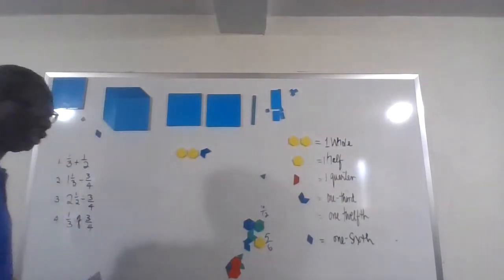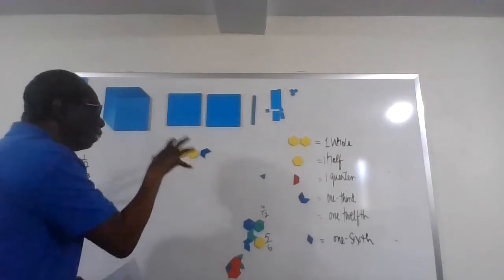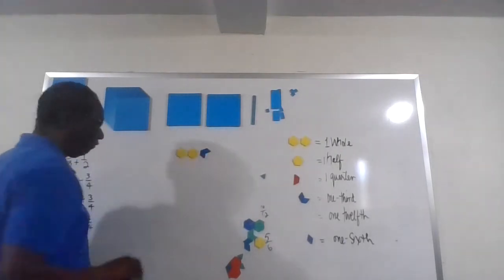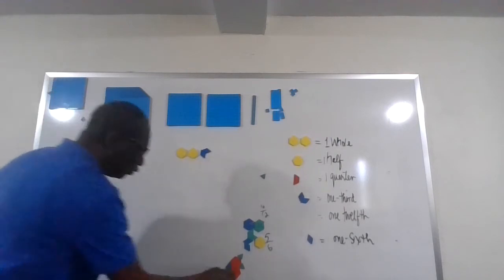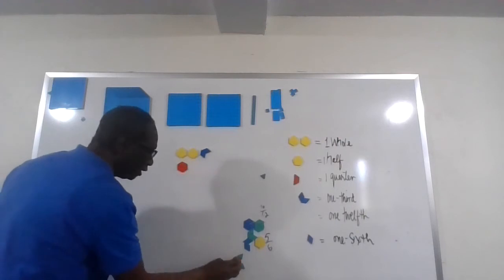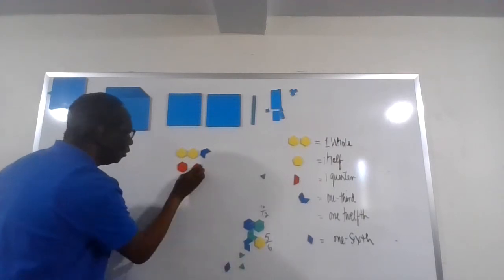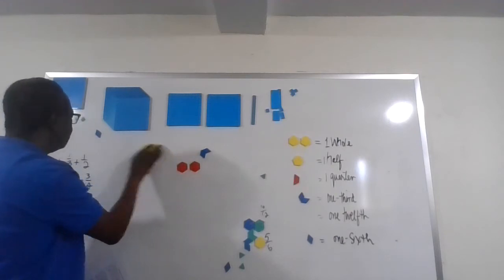Remember, subtraction is an operation where you are operating on what you have. This is what I have. I want to take away 3/4. So here's what I'll do. I'm just going to do a simple trade here. I'm trading these 4 red trapezoids for the whole.